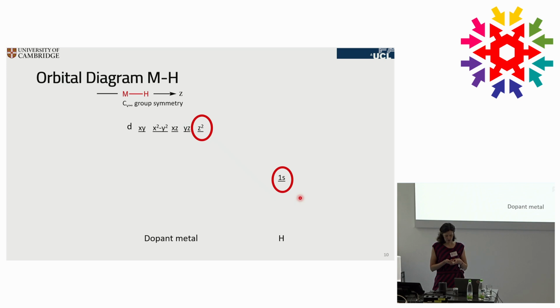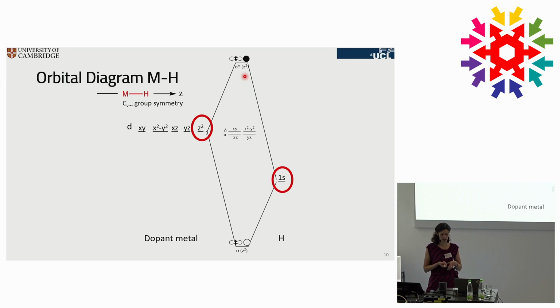We can form a linear combination in the specific symmetry group of the dz squared orbital with the 1s of the hydrogen and form a bonding sigma state at the bottom and an antibonding sigma star there. And in the case of hydrogen adsorption, the other d orbitals do not bind so strongly, so they do not form binding interactions and are thus non-bonding.